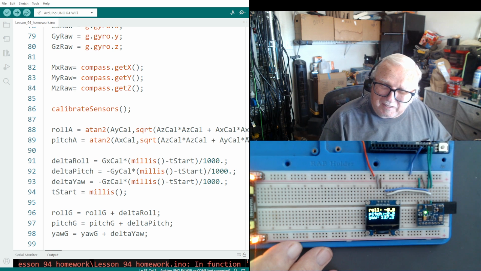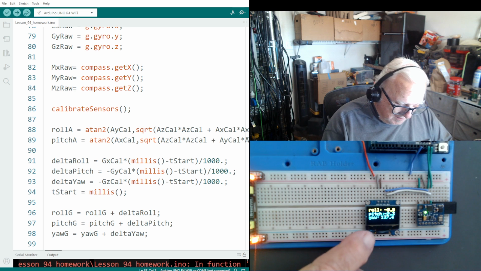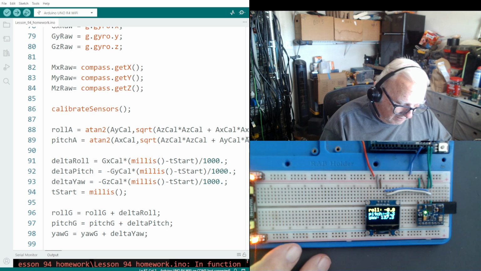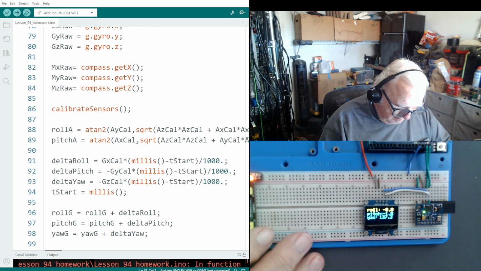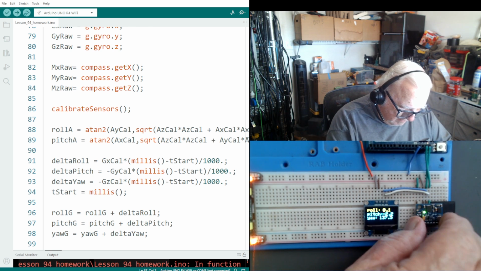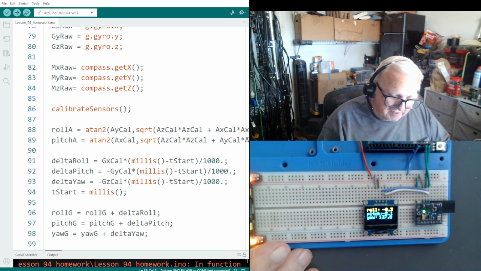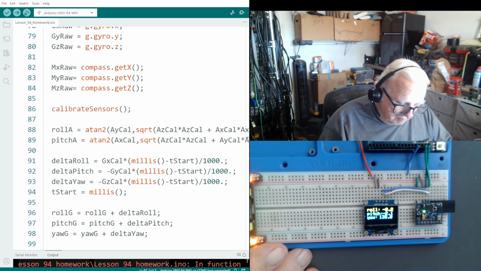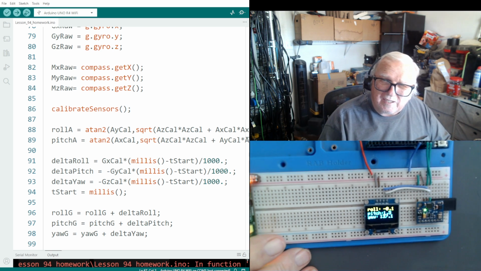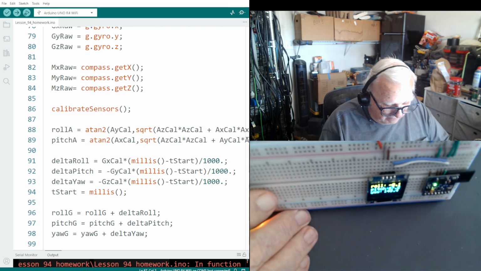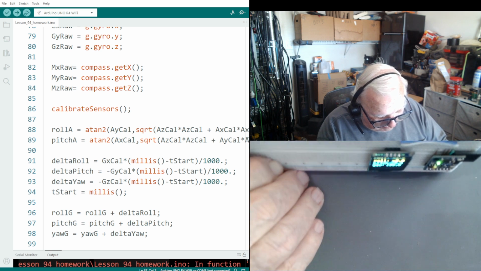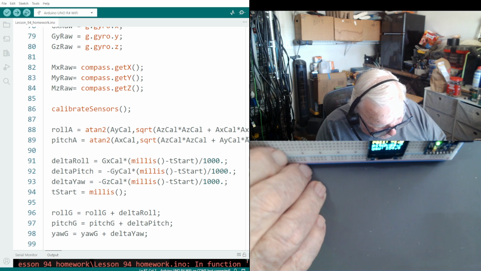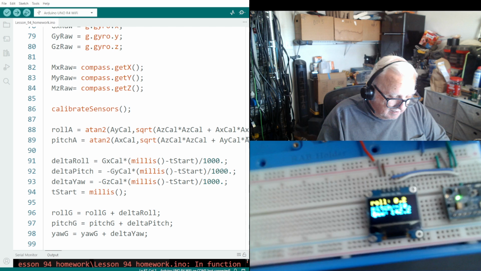Anyhow, the calibration was relatively minimal, and you can see they're close to 0.8 on the roll, and a little higher on the pitch at 2.1, which may be, this thing may have moved, who knows? That's hard to tell. This stuff in a plug-in environment kind of moves around. So anyway, if I pitch it, now this is pitching it, I'm getting, let me look, about 65 degrees that way.